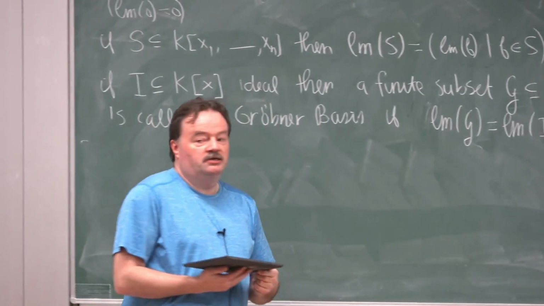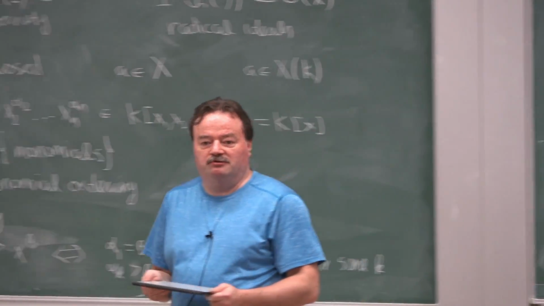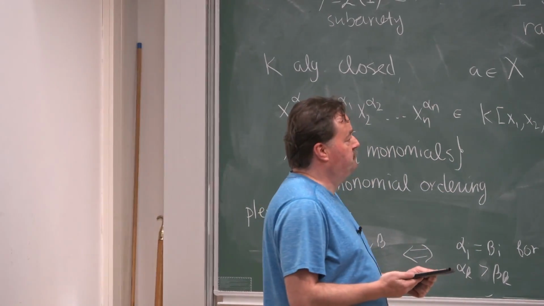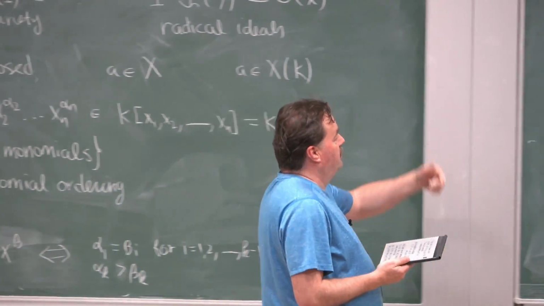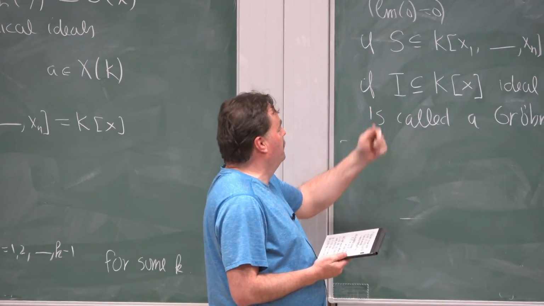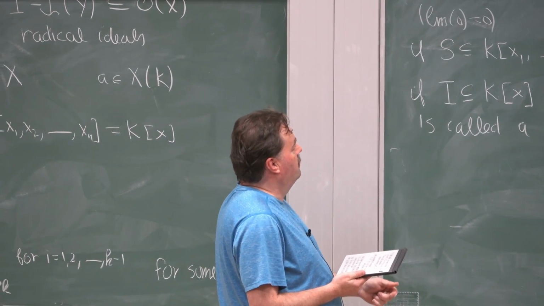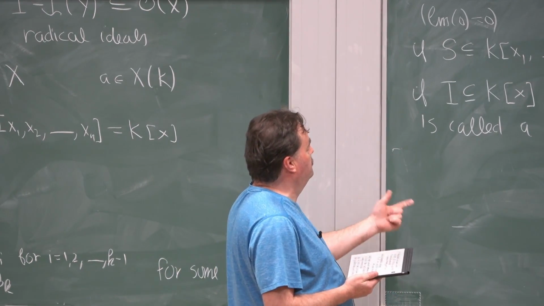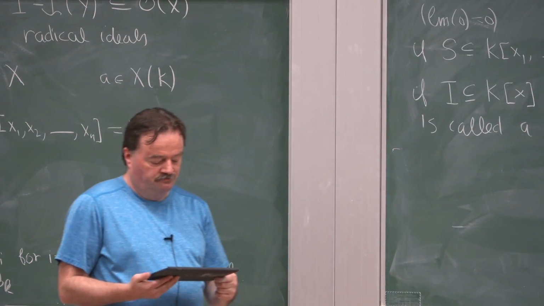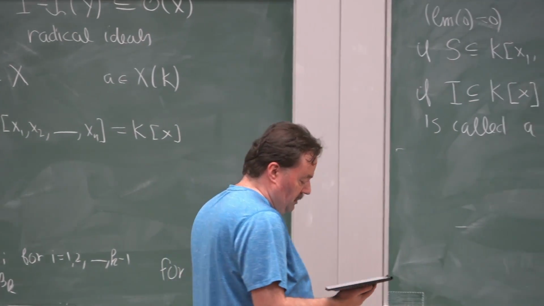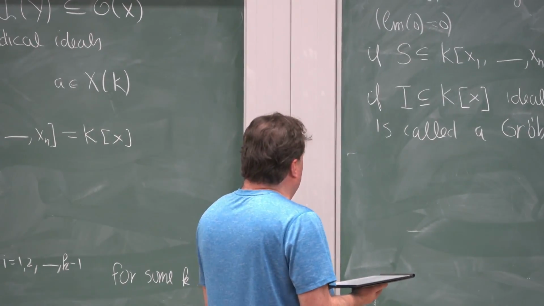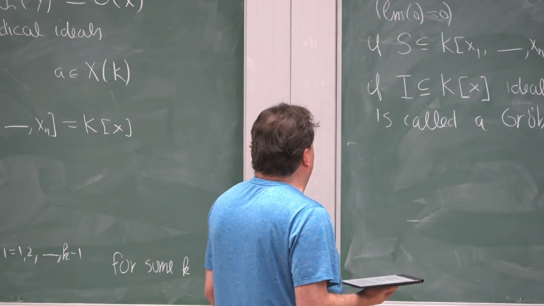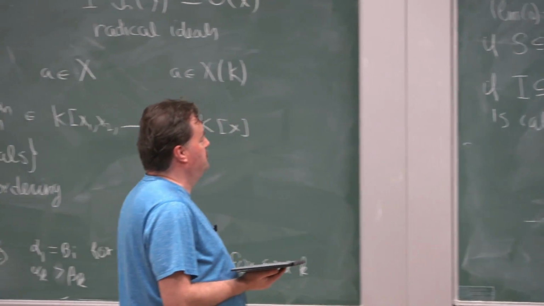And now the nice thing is that we actually have an algorithm: given a set of generators of an ideal, we have an algorithm, namely Buchberger's algorithm, that will compute a Gröbner basis for this ideal. And this has been implemented in many computer algebra systems.